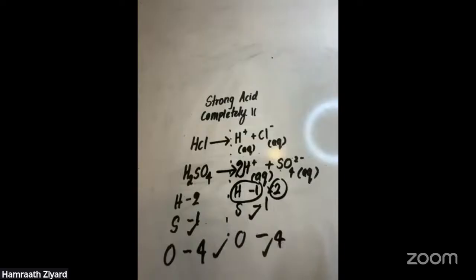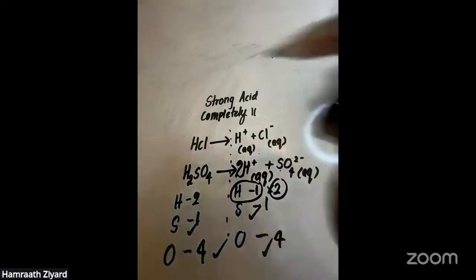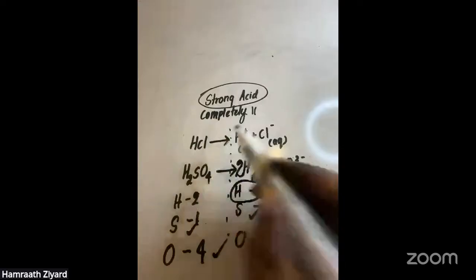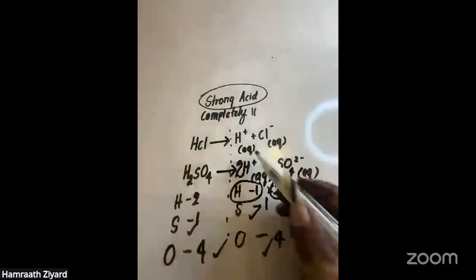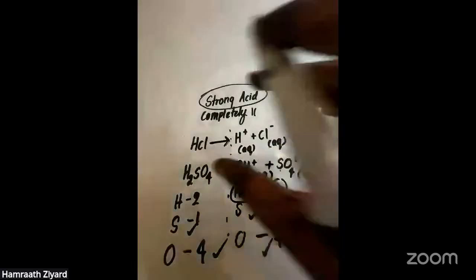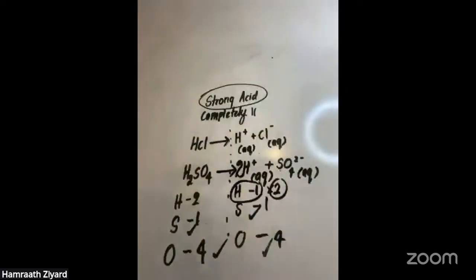Did you understand? Clear with that? For the strong acid equation, we use only one arrow. Why? Because they are completely ionized. They are irreversible. You cannot reverse them back.